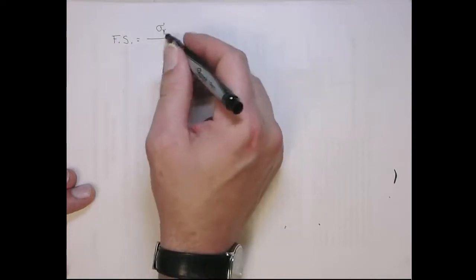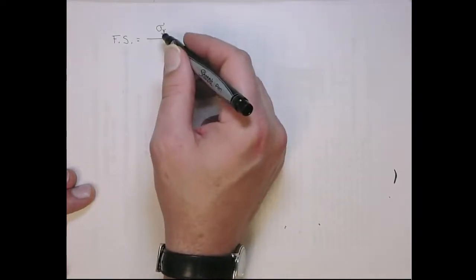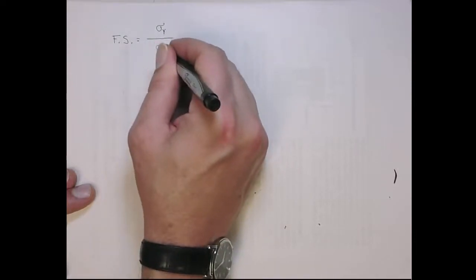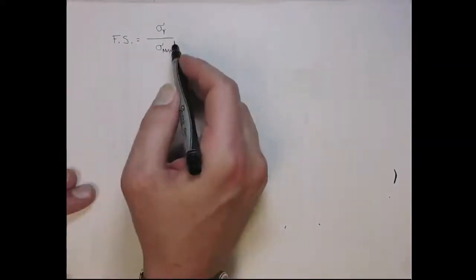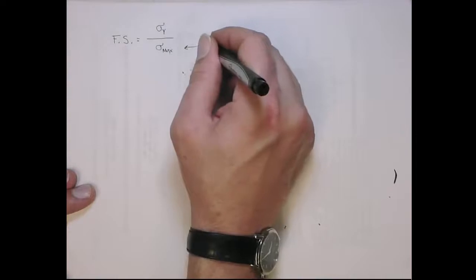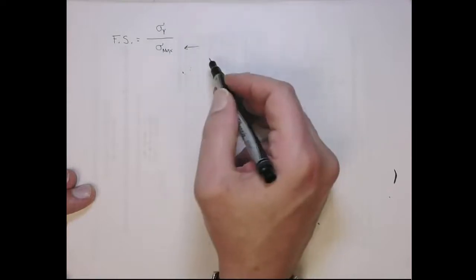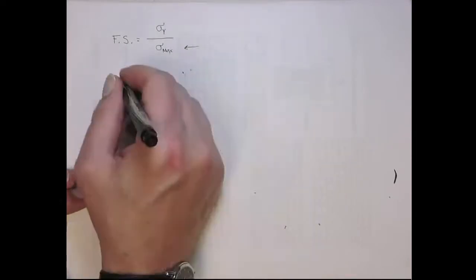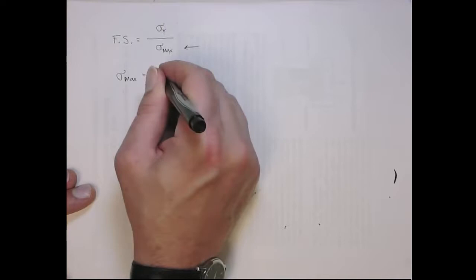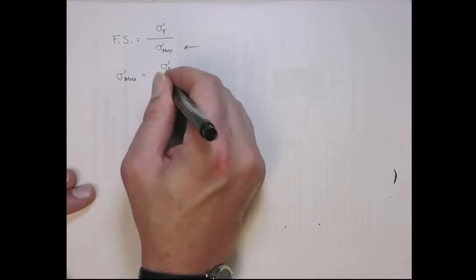But this is the yield stress we're designing to, over the maximum allowable. This is what you're calculating, the max stress that we can permit in our design. So the max stress equals the yield over the factor of safety.